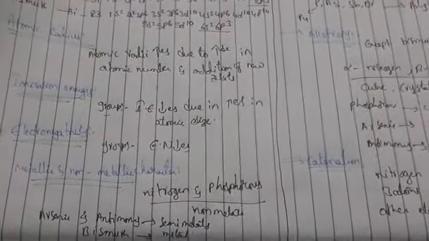What we have discussed: electronic configuration, atomic radius, ionization energy, electronegativity, metallic and non-metallic character, physical state, allotropy, catenation, nature of compounds and oxidation state. This is about the general characteristics of group 15 elements.